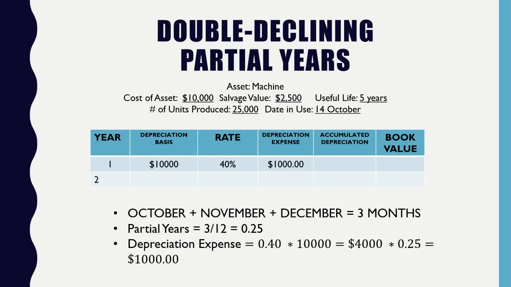Instead of solving for the fraction first, because often you get a fraction with a lot of repeating digits, like 0.3333, and you may not want to type all those threes. So the best way I recommend is to multiply across. We take the depreciation expense of 4,000, multiply it by 3, divide by 12, and you will get your answer.